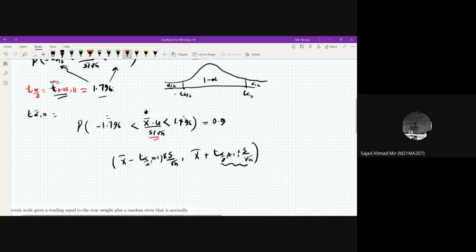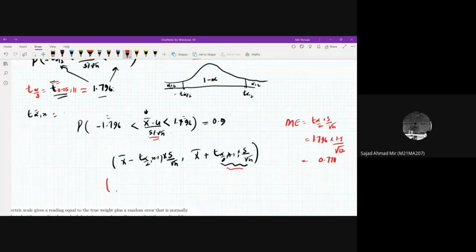If you calculate this, sometimes we call that the margin of error. This value is t alpha by 2 times s over root n. This is 1.796 into 1.5 over root of 12. If you evaluate this value, you get 0.778. So what is your final answer?